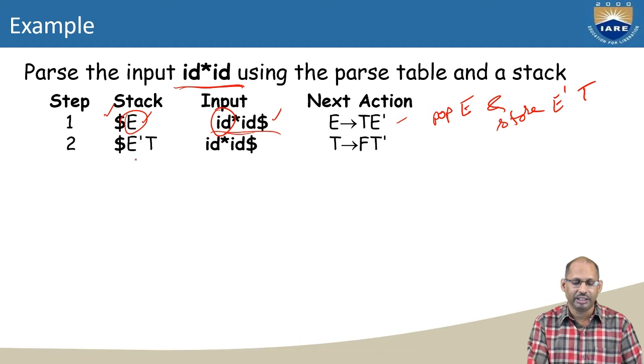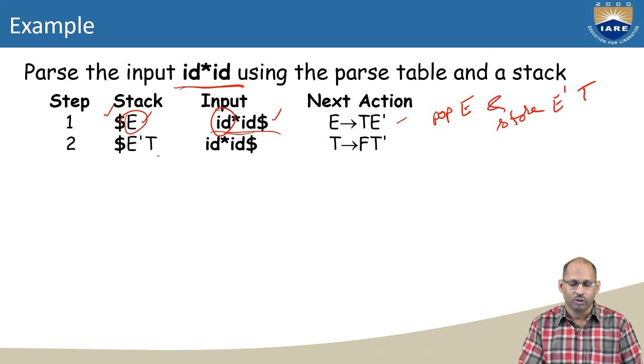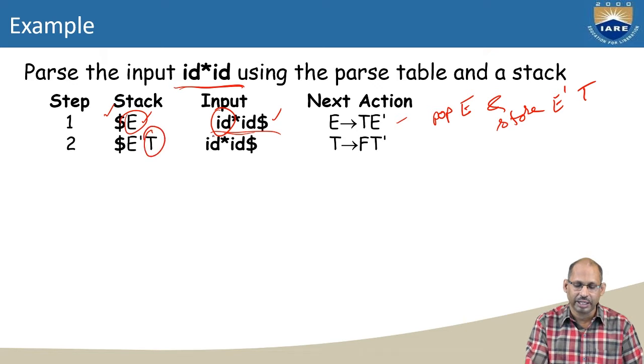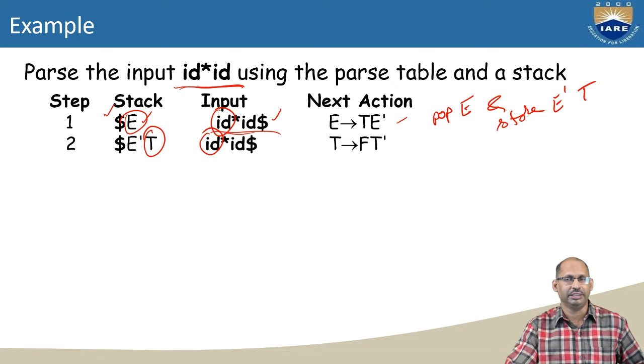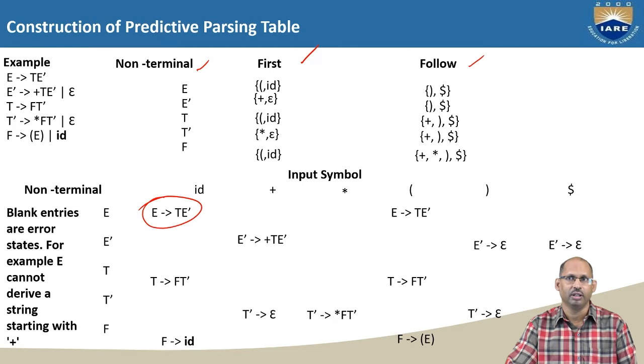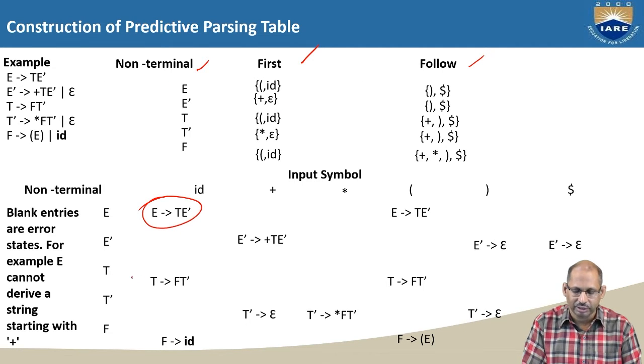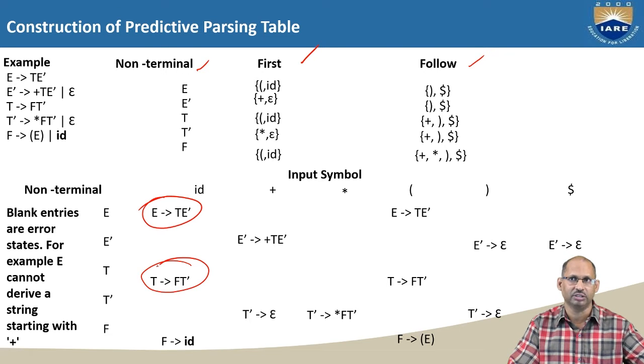So we are getting E dash T. Now consider T and ID. So here in the table, T and ID, it is T gives FT dash.